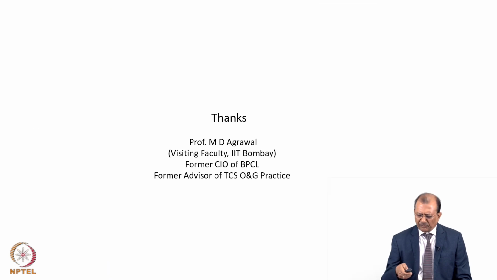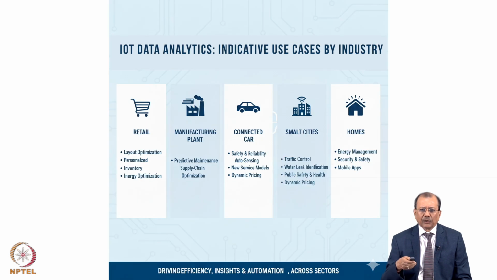I would like to end my lecture by showing this picture of how IoT is being used in retail, manufacturing plants, connected cars, smart cities and homes. Especially in the case of homes, we have the smart homes concept, where every facility in the home, like electrical equipment, and kitchen equipment like the refrigerator and stoves, are all connected with sensors, and we are able to manage the consumption and detect if there is a fault inside.